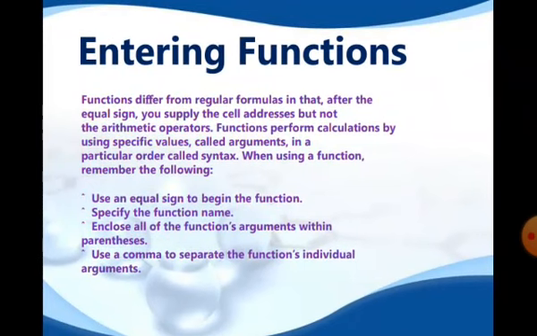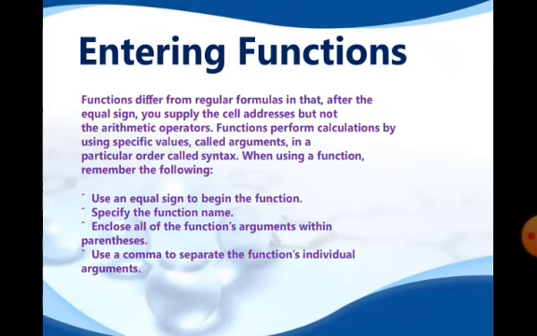This is how you enter a function. Functions differ from regular formulas in that after the equal sign you supply the cell address, but not the arithmetic operator. Functions perform calculations by using specific values called arguments. So when you use a function, you pass the cell address as an argument to the function in a particular order called syntax.